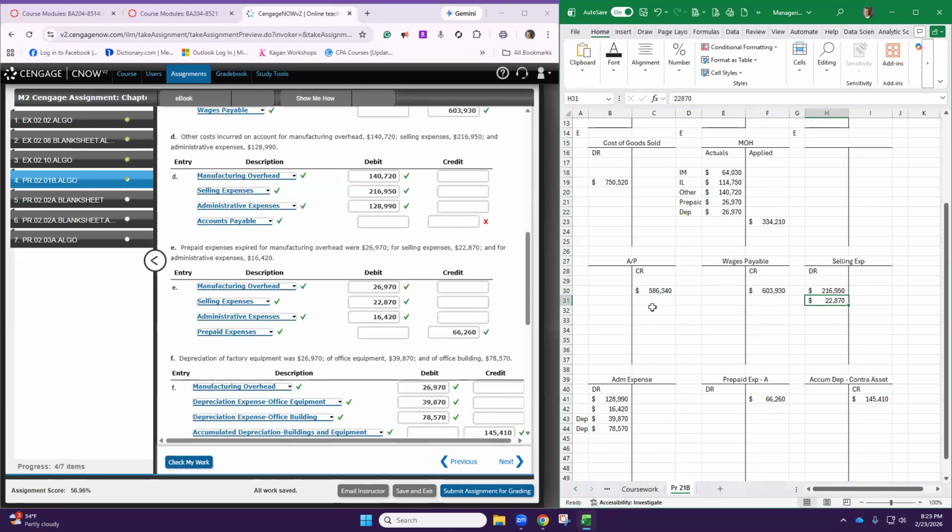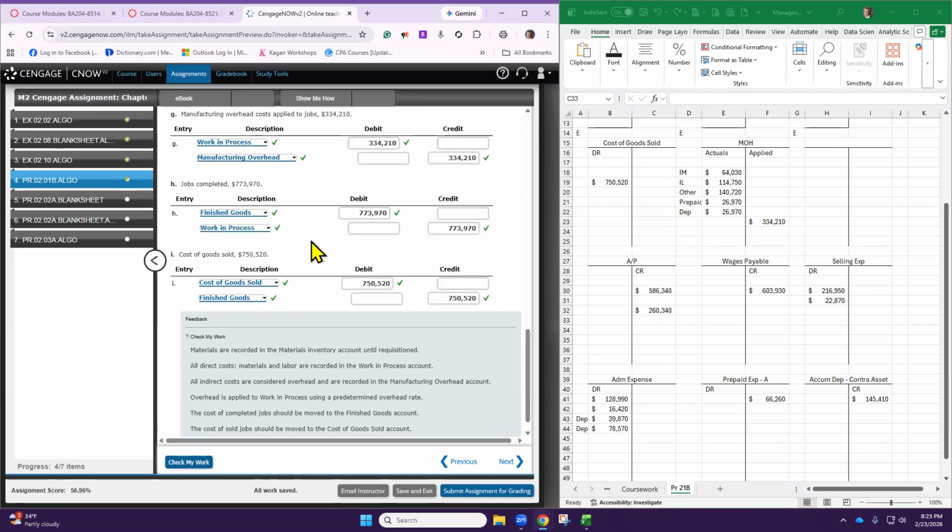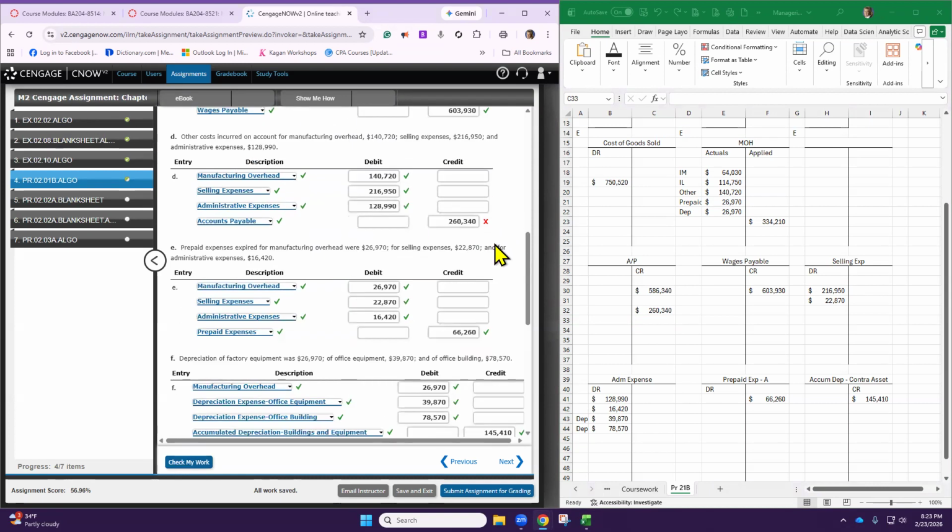Then accounts payable one more time is other. This is prepaid. Plus that one plus this one. So I got 260,340. Let's see if we're right. Hope so. What else am I missing? Boy, I just didn't add up very well.